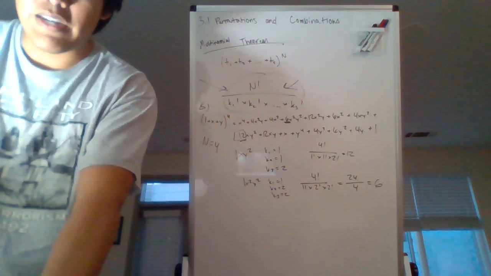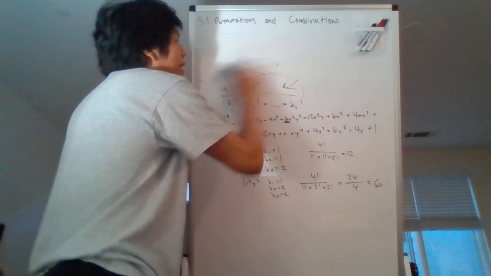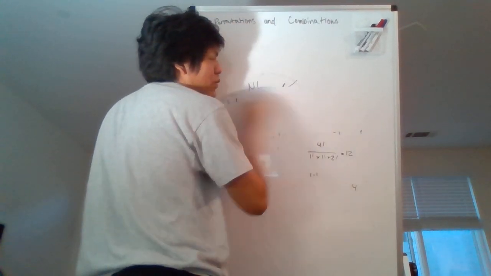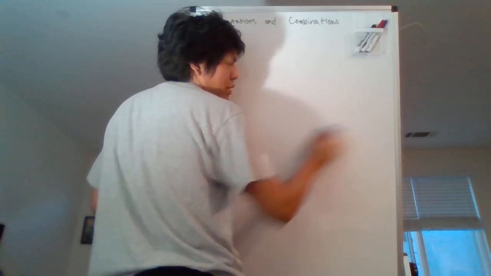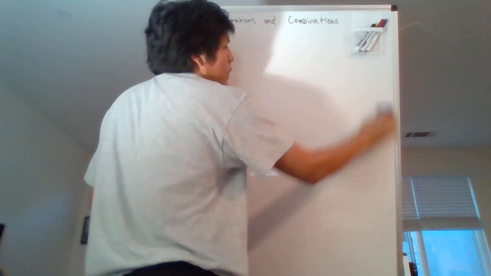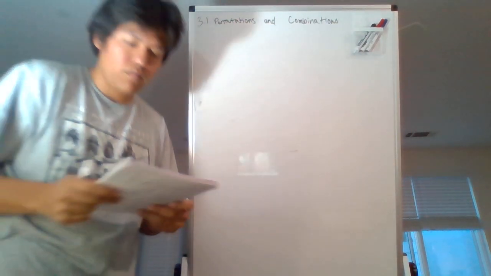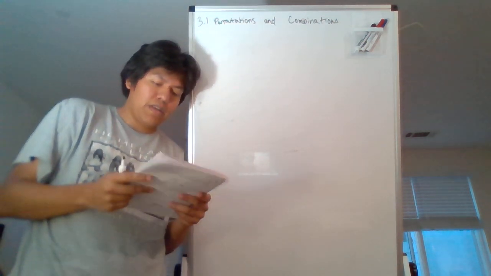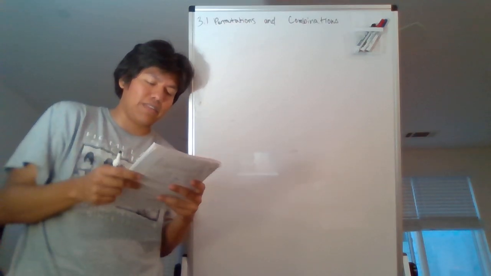Okay, there's one more thing I'll go over in this video, and that is just an example highlighting more or less the combinations, in a real world example. And honestly, this is kind of easy.